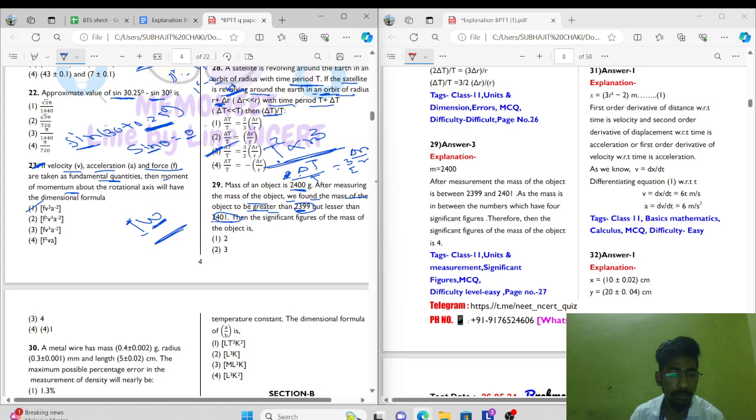So the value of the mass should lie in between these two. That means the number of significant figures of that value is also 4, right? So therefore you can say option number 3 is the correct one. Okay.